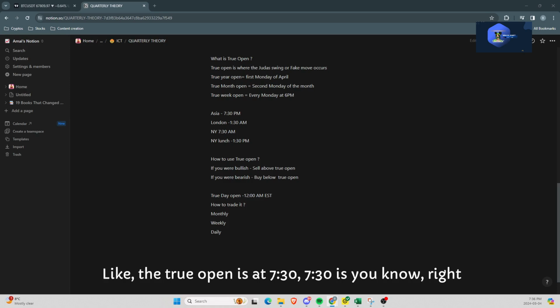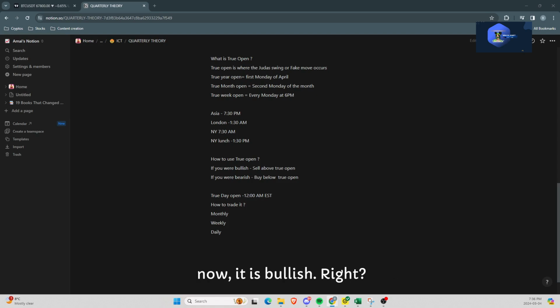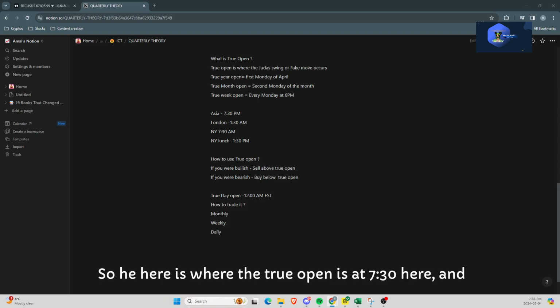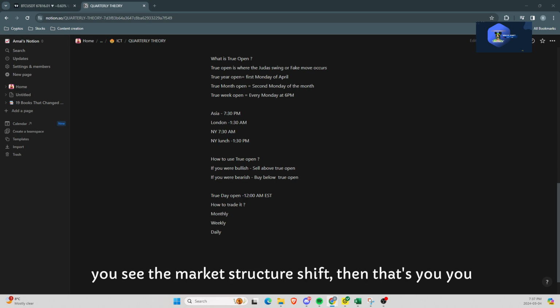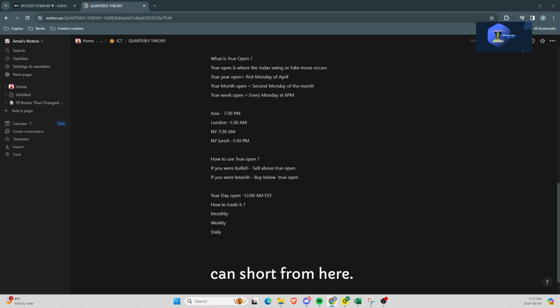The true open is at 7:30, and right now it is bullish, right? So here is where the true open is at 7:30, and you buy. If it goes below here, 67K, you see the market structure shift, and you can short from here.